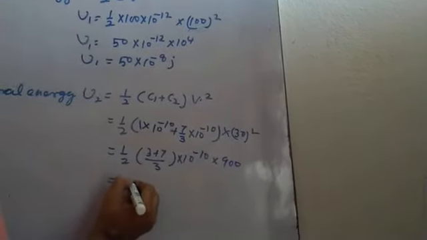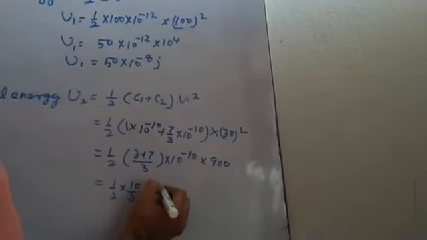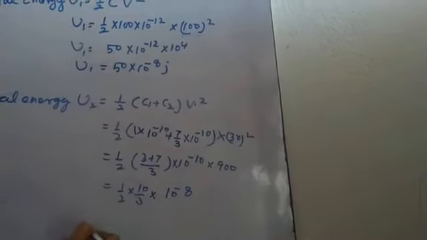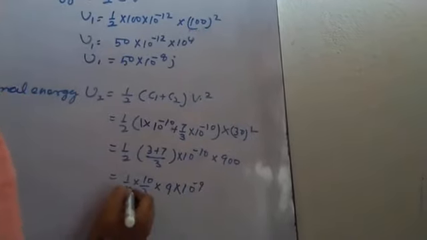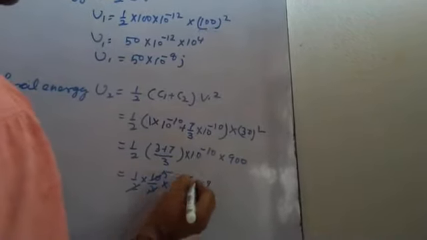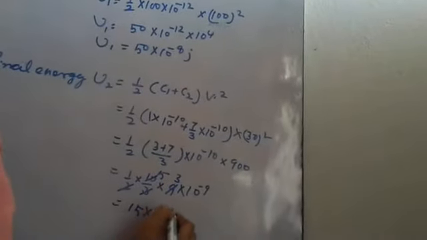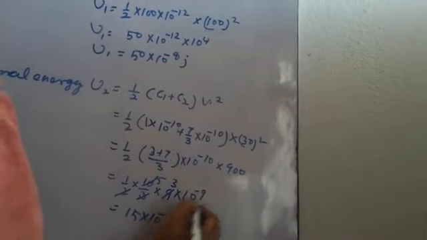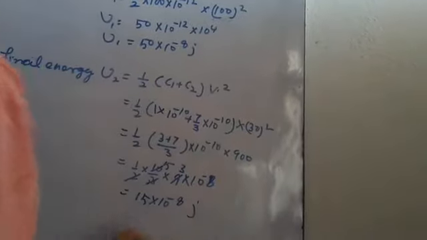This becomes 1 by 2, 10 by 3 into 10 power minus 10 into 9 into 10 power minus 8... this is 15 into 10 power minus 8 joule.